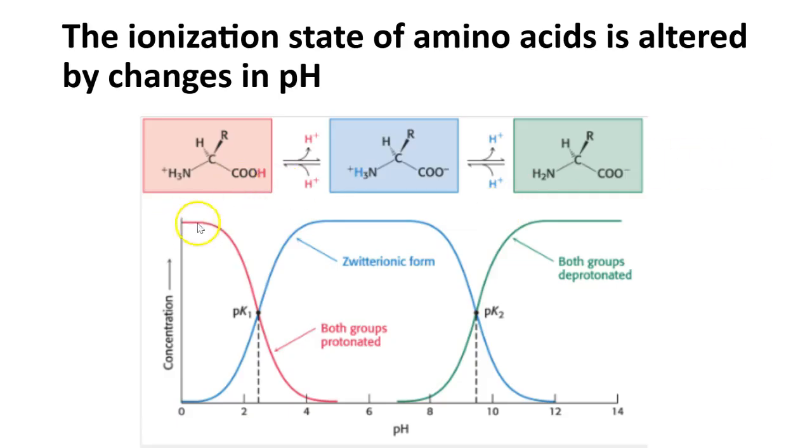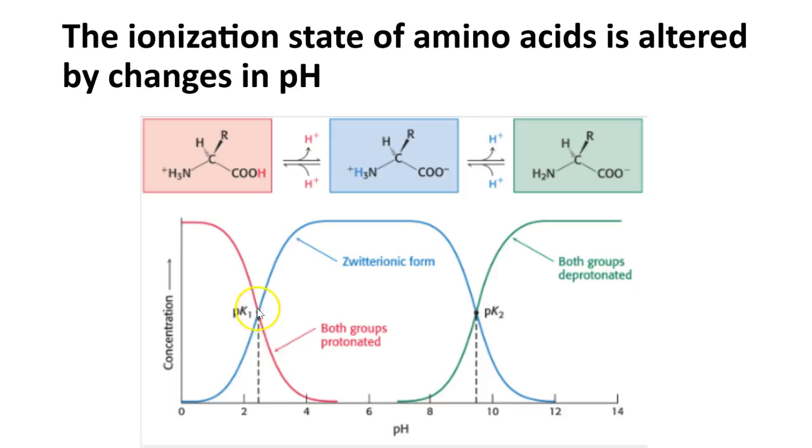So once again, at very low pH, the majority is the protonated form of the amino acid. But as you add more and more base, you see the zwitterionic form starting to become present along with the protonated. So they are both present in the solution.